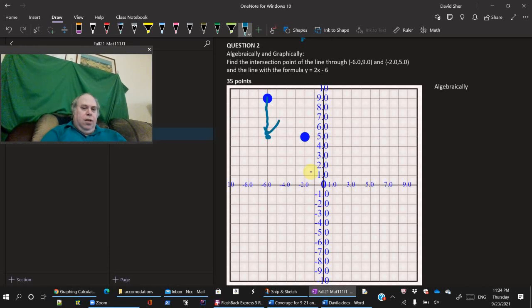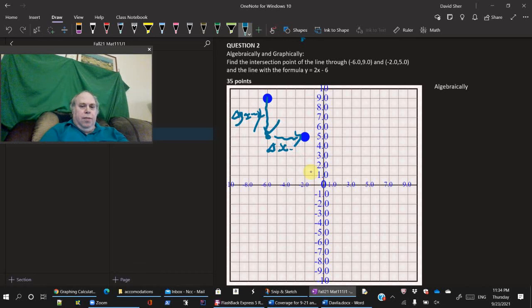This is 1, 2, 3, 4. So delta y equals minus 4. And from here to here, this is 1, 2, 3, 4.